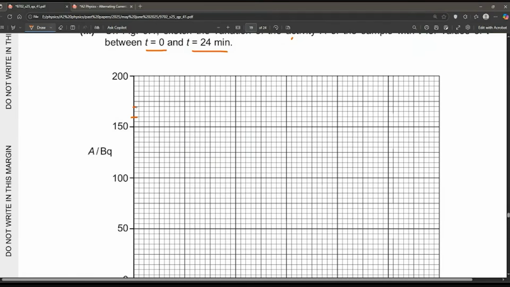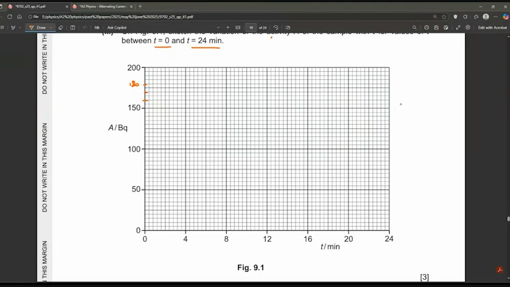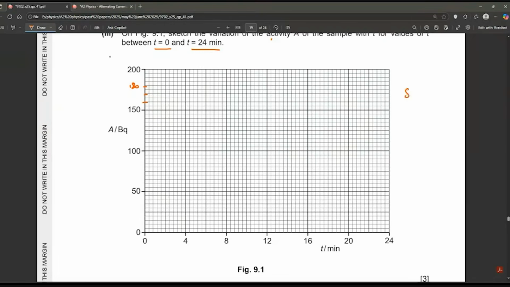This will be 170. This will be 180. So initially the activity is 180. After one half life, after 14 minutes, your activity will be equal to 90. So यहाँ पे you can say that this is 90 after 14 minutes, somewhere here.